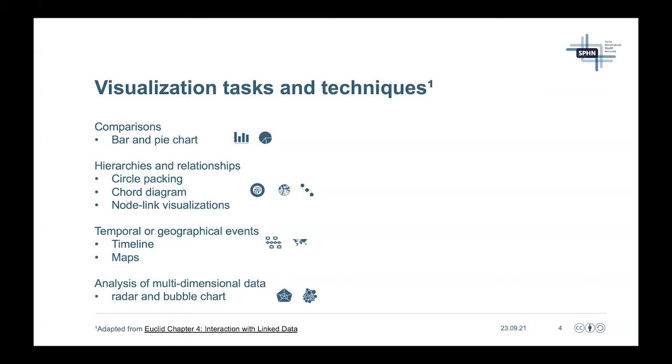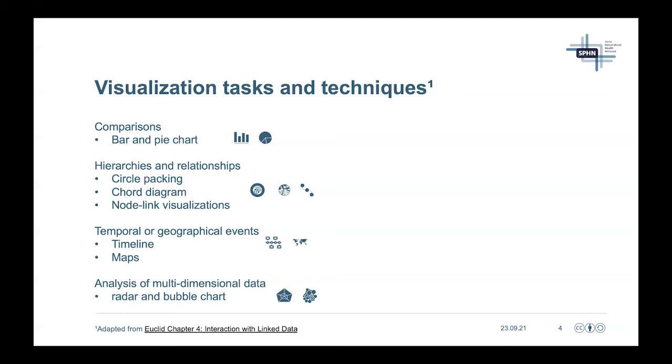Another type of common task is to visualize temporal or geographical events, and to that end, one can produce images of various types of timelines, and for geographical events, of course, also of maps.